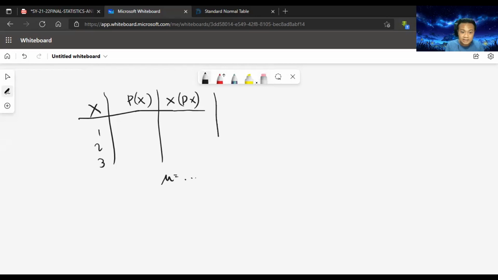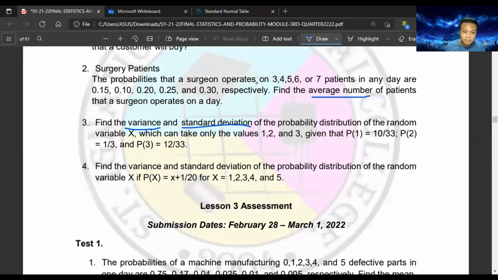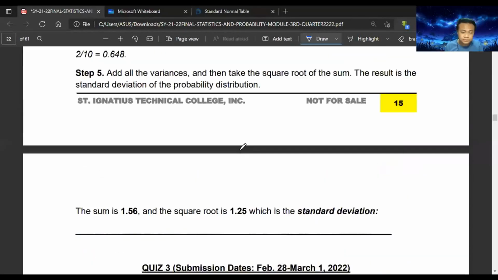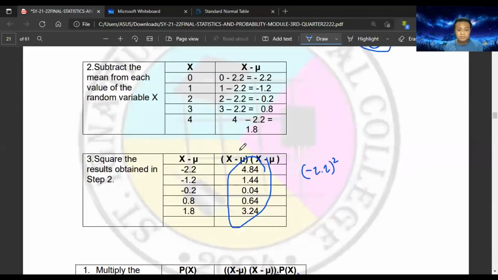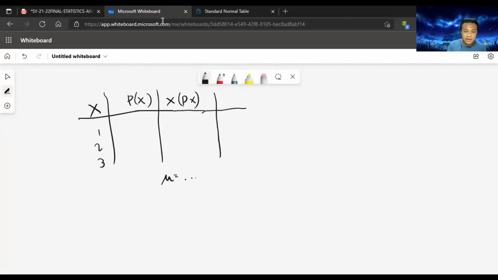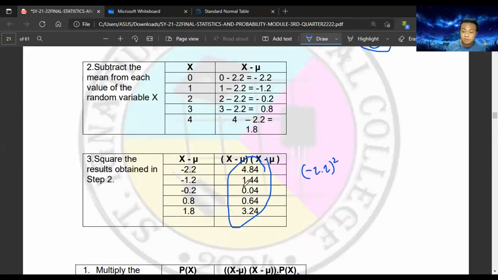And then next, you have to get x minus mu, and then get this (x minus mu) squared. Let's delete this.